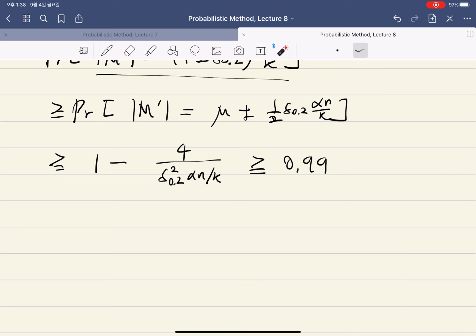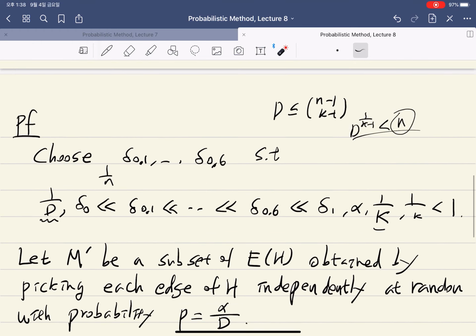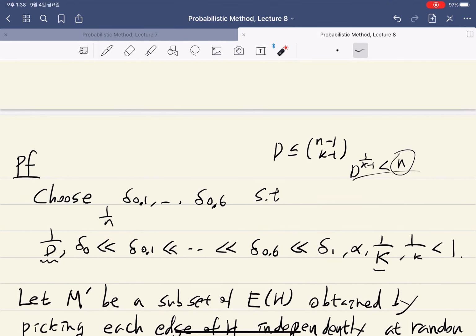When I say this is still big, you can actually figure out the relationship that 1 over n is smaller than delta 0.2 squared alpha over k 100. So this relationship is actually encapsulated in here again.